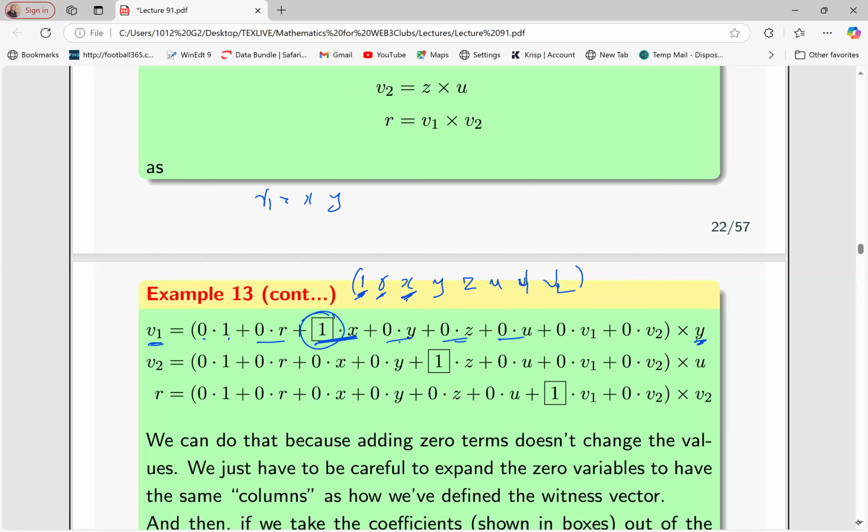Then the Y, because we are supposed to have V1 as X times Y. This is the only one multiplied by 1, so the whole of this we can call X, then multiplied by Y. Wherever there is a 0, the result will just be 0, and wherever there is an X, you get XY. What about V2?